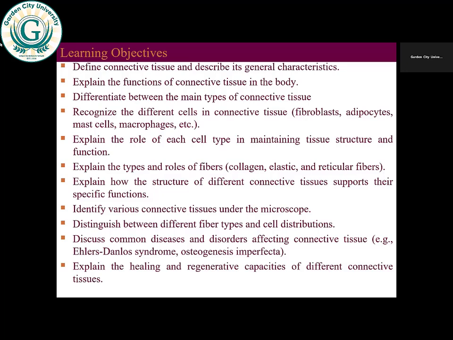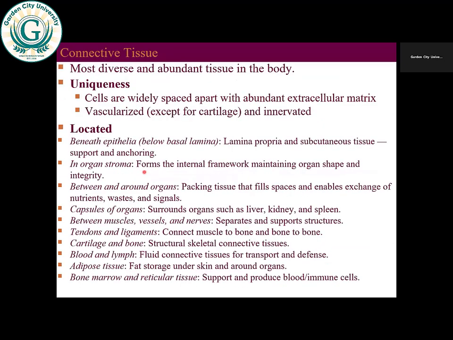Okay, so today we are going to look at the connective tissues. When I finish and there's time, then probably we'll look at something else. Now, connective tissue is the most diverse and abundant tissue in the body. Very diverse. Your bone is a connective tissue, ligament connective tissue.